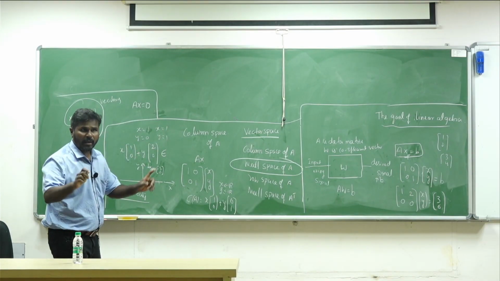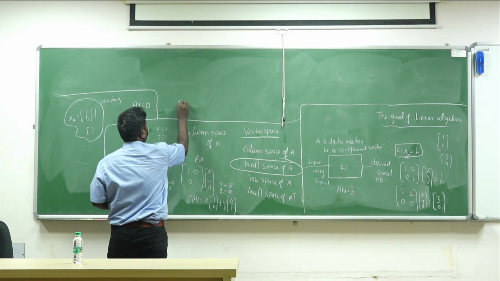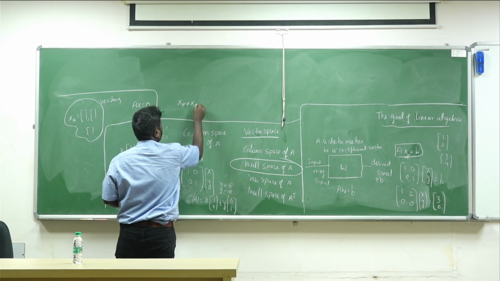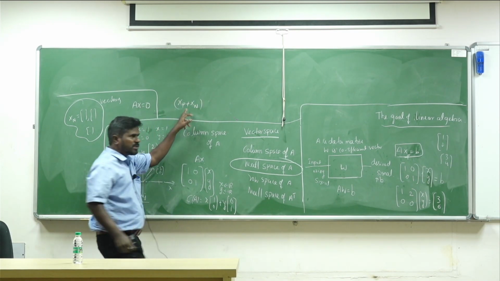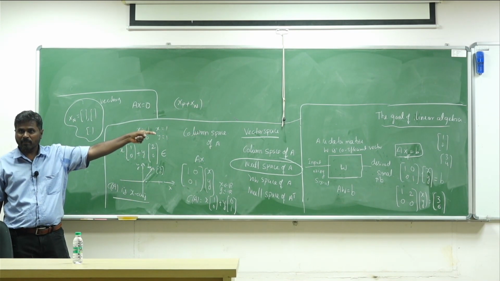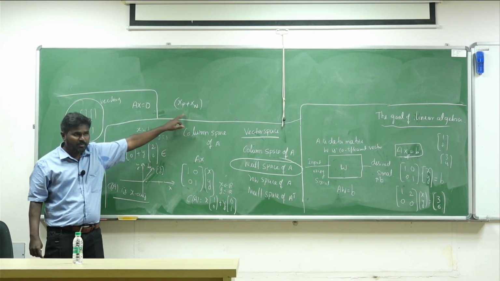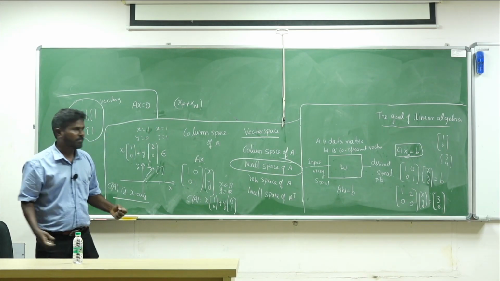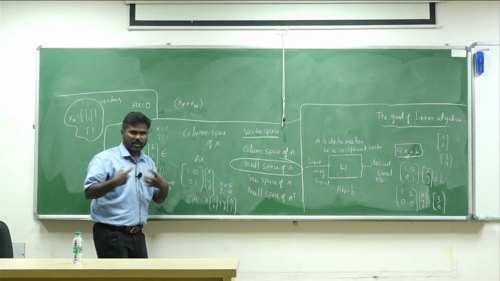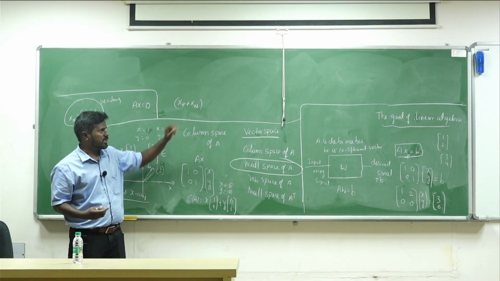Now I combine these two solutions. Will this be a solution to Ax equal to B? Try it out.